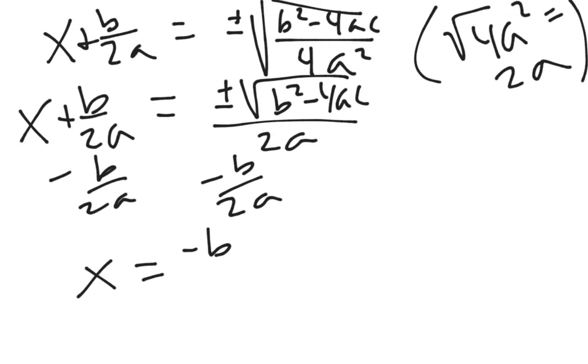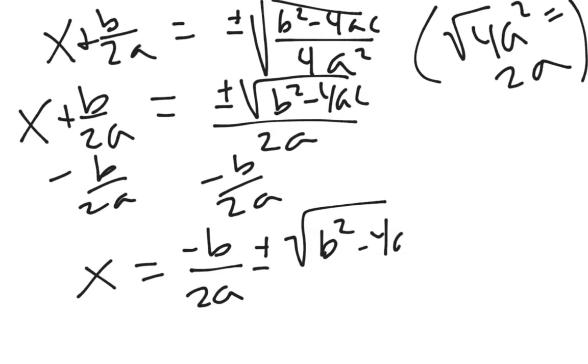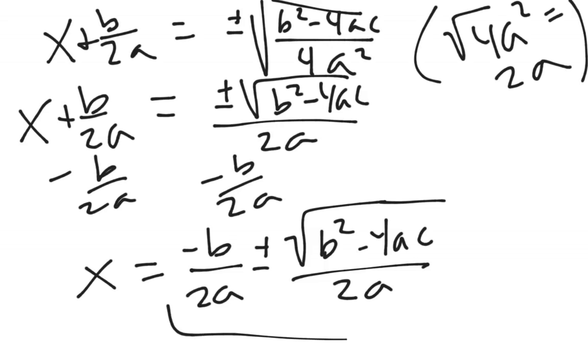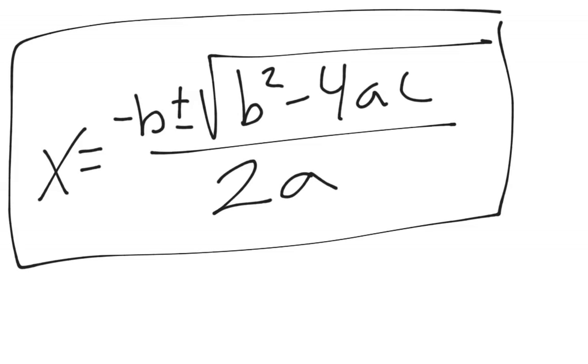I get x equals negative b over 2a plus or minus the square root b squared minus 4ac over 2a. But look, these fractions have the same denominator. That means I can add these two fractions together, and I get x equals negative b plus or minus the square root of b squared minus 4ac all over 2a.